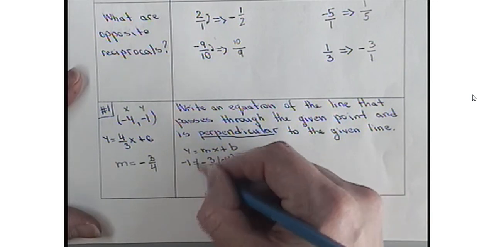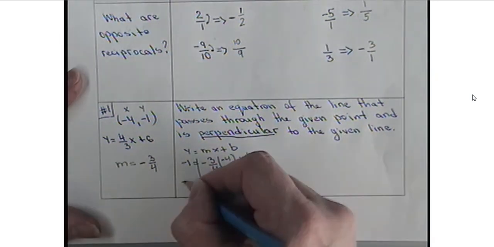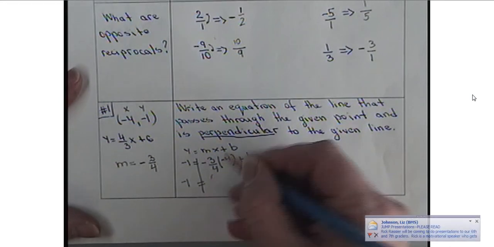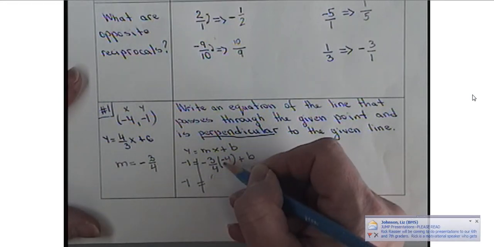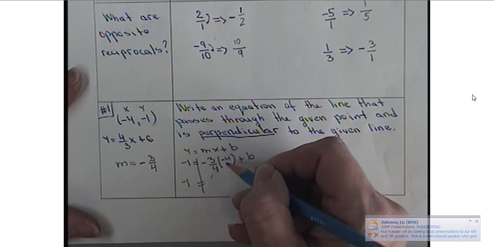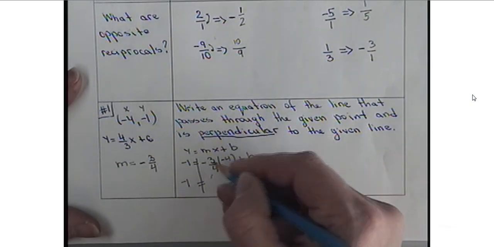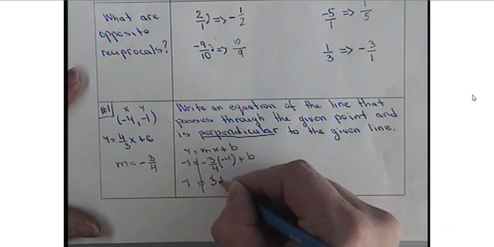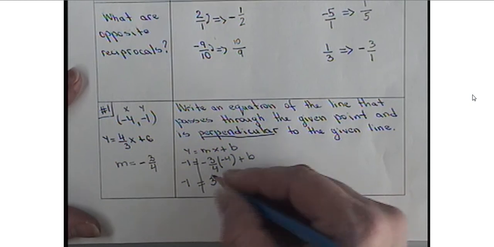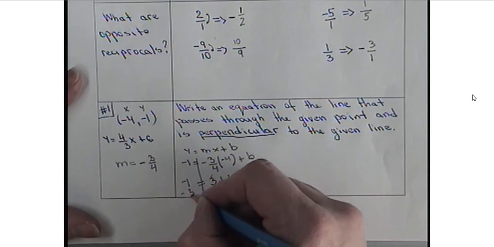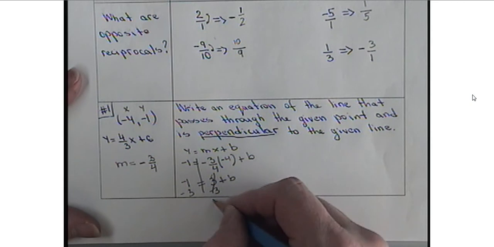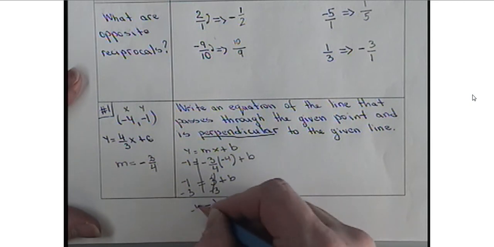Let's go ahead and solve this equation. So we have -1 is equal to -3/4 times -4, which will give us +3 plus b. Next step, subtract 3 from both sides. Those two cancel. So b will be equal to -4.